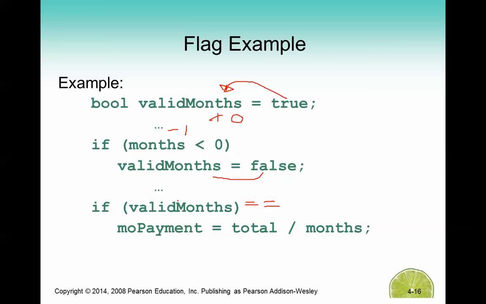Here it's testing if it's true. If it's true, calculate the monthly payment. So this will be a go. Monthly payment is going to be assigned the value of total divided by months, because I know that months has a valid value, not less than 0. So here's an example of the flag.